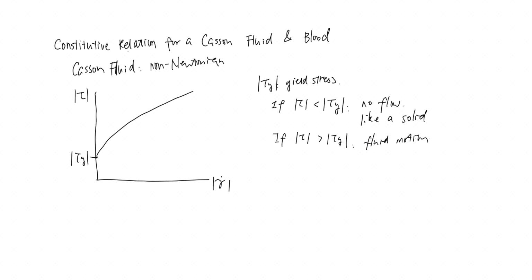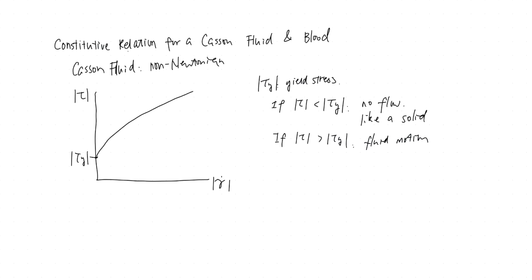The reason I put the absolute sign on that is because shear stress and the shear rate, as we have discussed in the past, if you follow a regular mechanics notation and derivation, can be either positive or negative. Those are signed physical quantities.